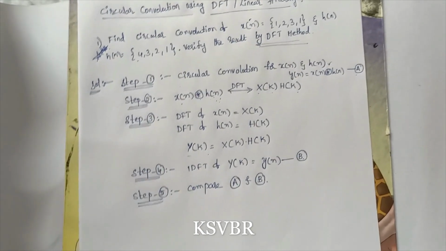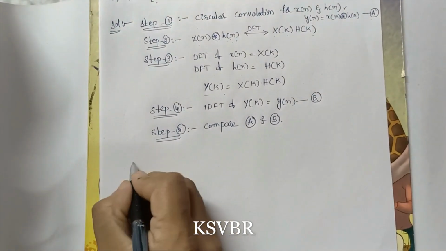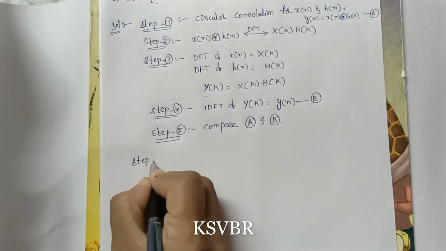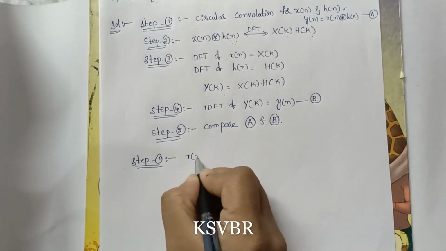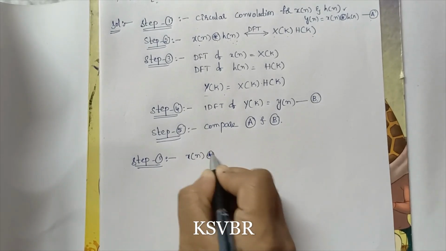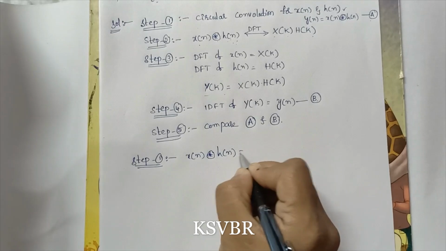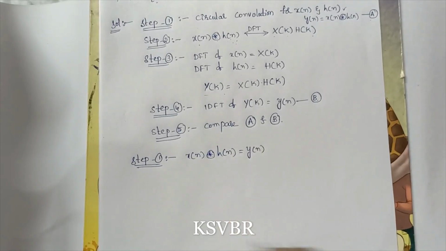Now proceed to step 1. Step 1 means we have to find x of n circularly convolved with h of n, which is y of n.